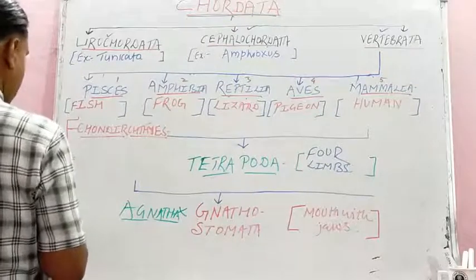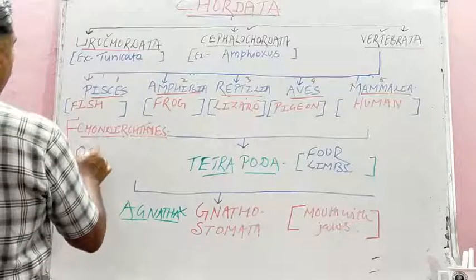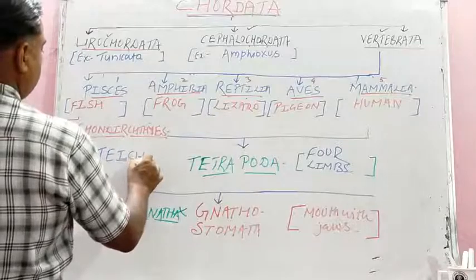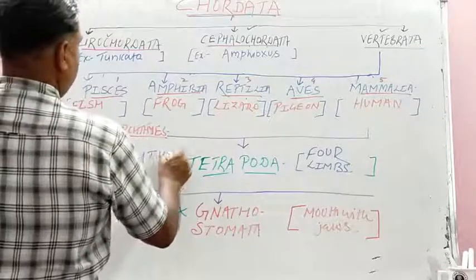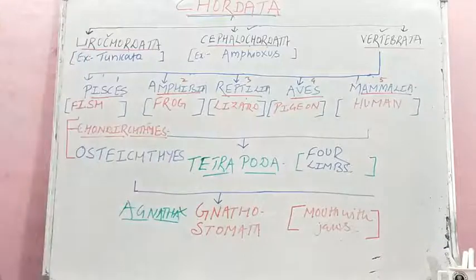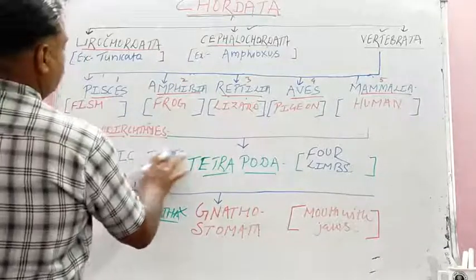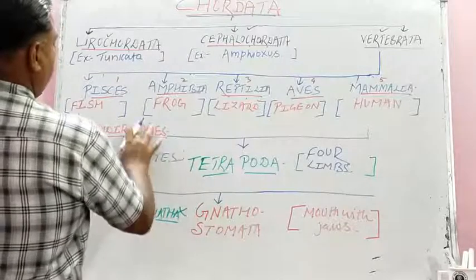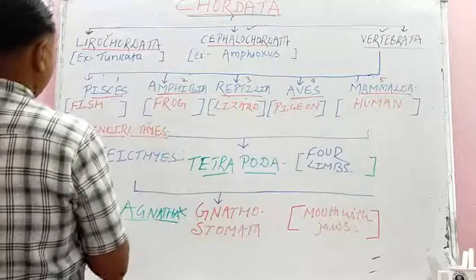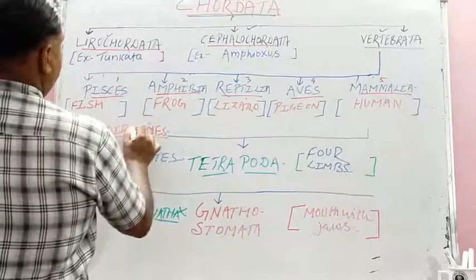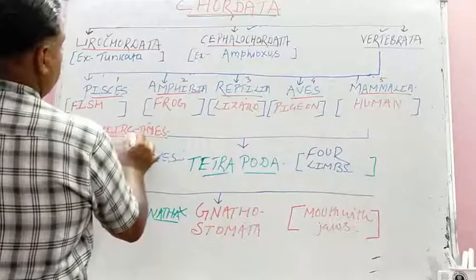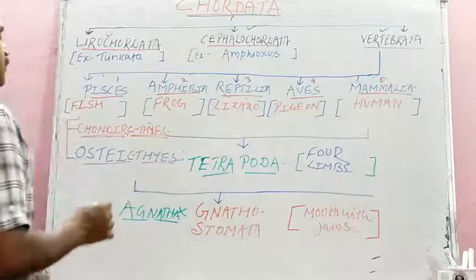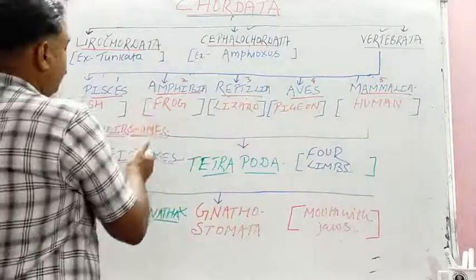And Osteichthyes, student. Chondric means cartilaginous, fishes having cartilaginous body, and Osteichthyes, that is your bony fishes. So cartilaginous fish and bony fish.